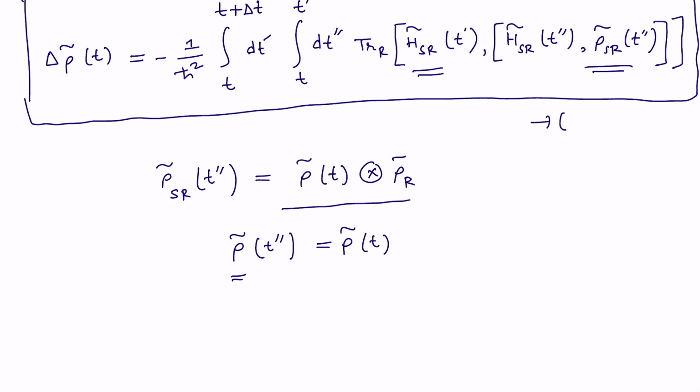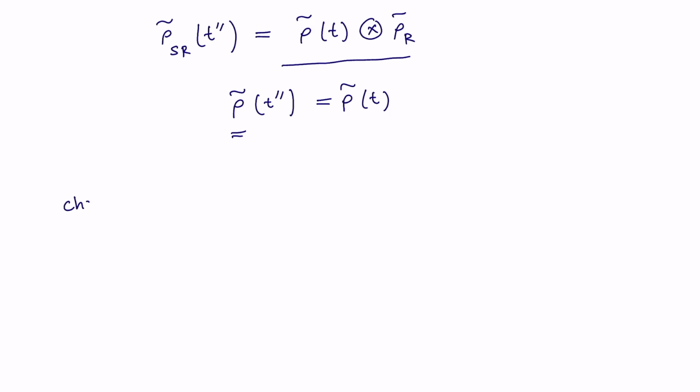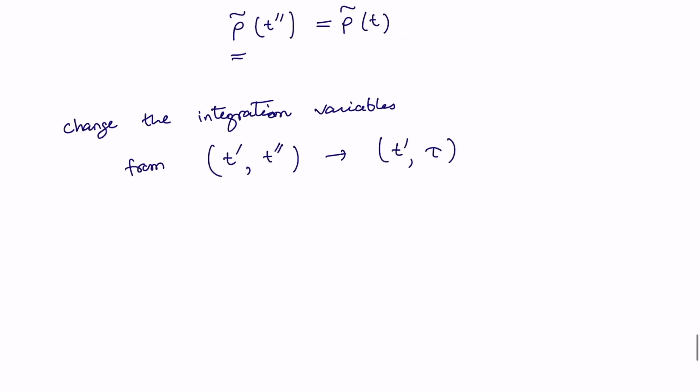To simplify this equation further, let me change the integration variable. We have the variables t dash and t double prime, and we change to the variables t dash and tau, where tau is the difference of time, t dash minus t double dash.